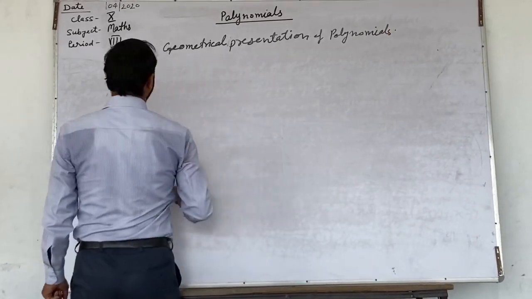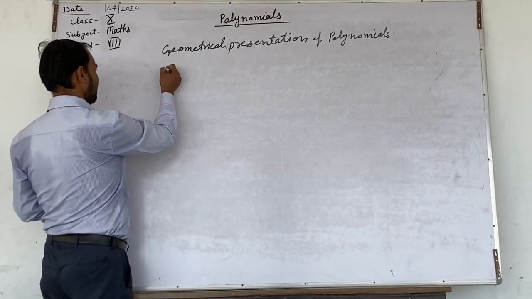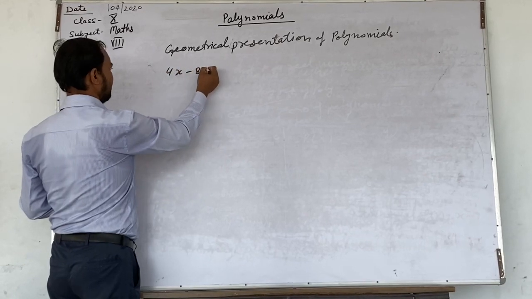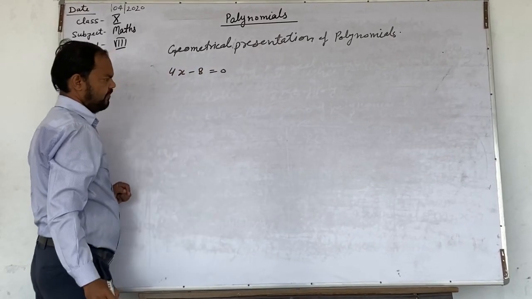Let us take a linear polynomial 4x minus 8 equal to 0.